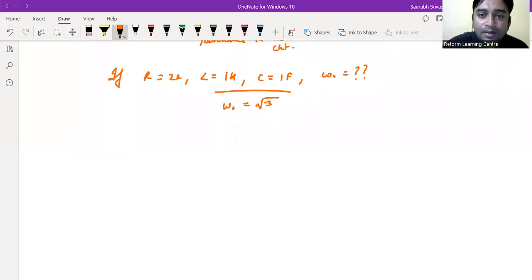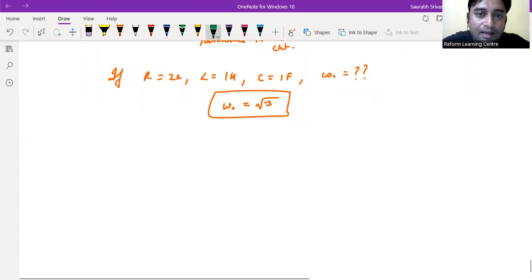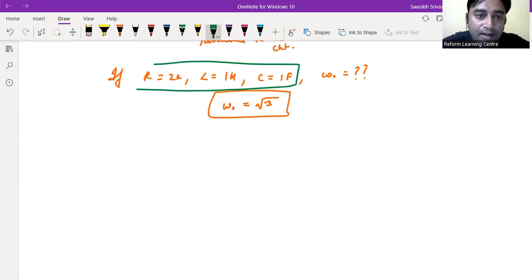Is it a real number? Imaginary. But frequency is a real physical quantity. It cannot be imaginary. That means a frequency you can vary it from 0 to infinite. Omega naught is equal to under root minus 3 is not possible. It means this circuit will never come in resonance.